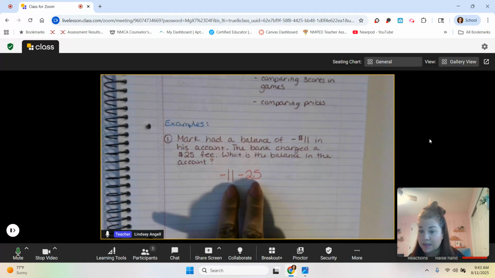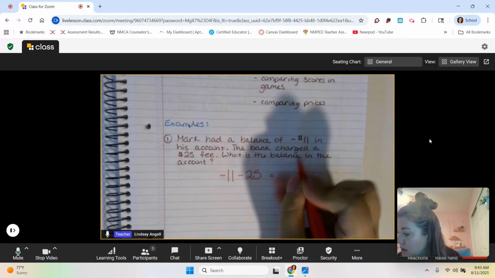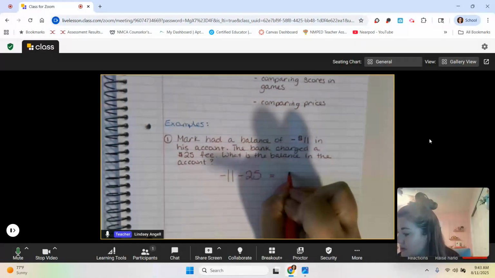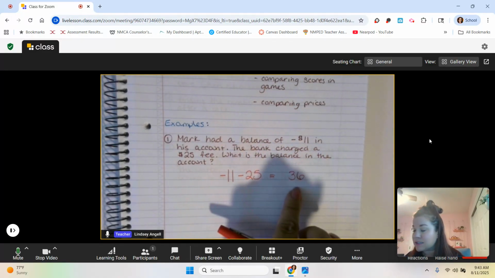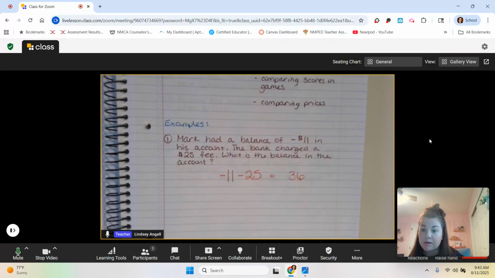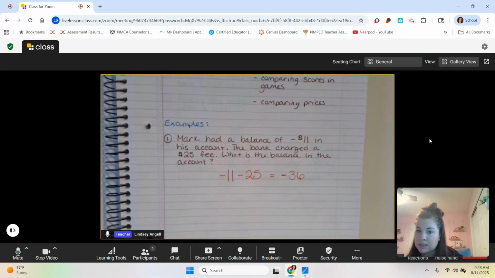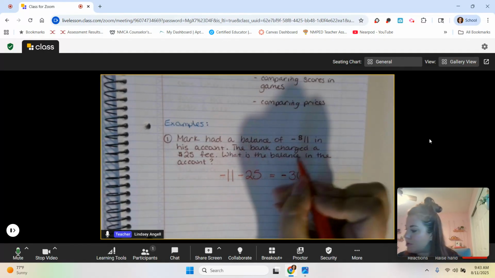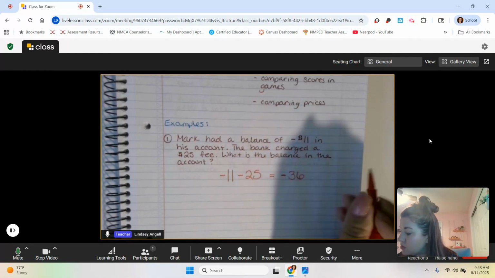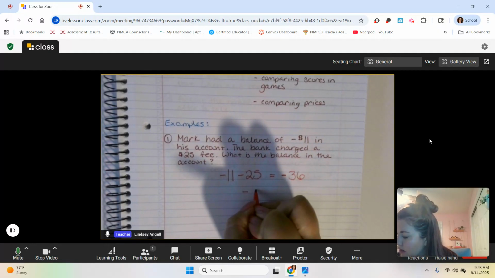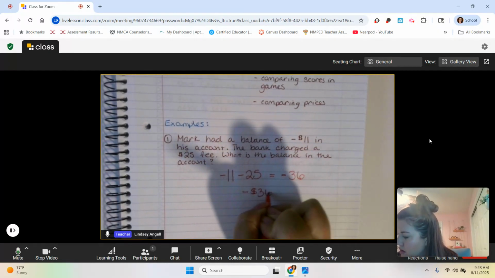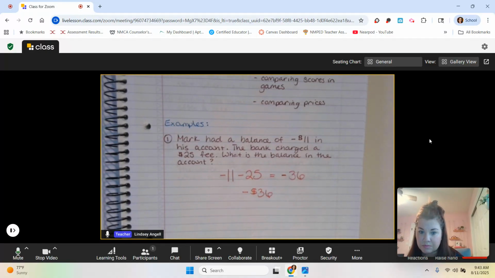If we combine these two numbers, 11 plus 25 is 36, but because it's overdraft, because it's already in the negatives, it's going to stay negative. Being that we know what the numbers are about, it's important to put your unit. So you could say negative $36.